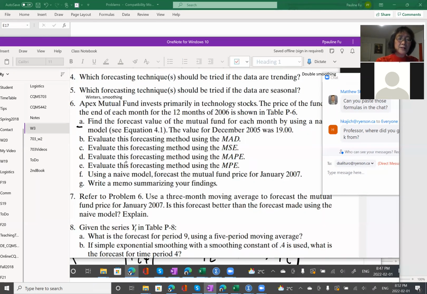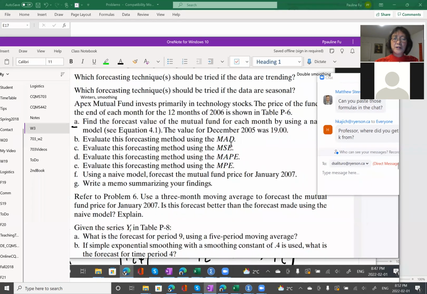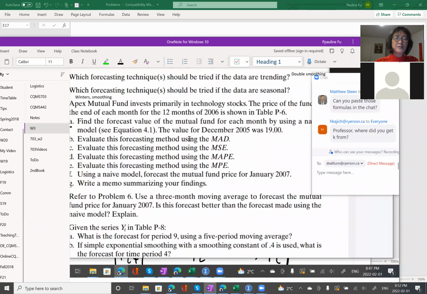Question A, find the forecast value of mutual funds for each month by using a naive model, using equation 4.1. Okay, so remember equation 4.1. What is equation 4.1?